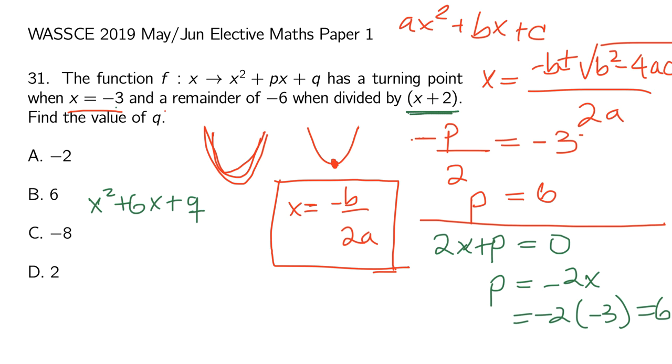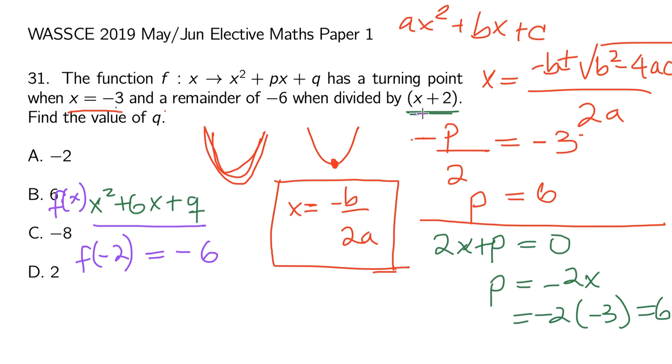So here we can use the remainder theorem. By the remainder theorem, if this is our f, such that f of x equals x squared plus 6x plus q, then we know that f of minus 2 should give the remainder.